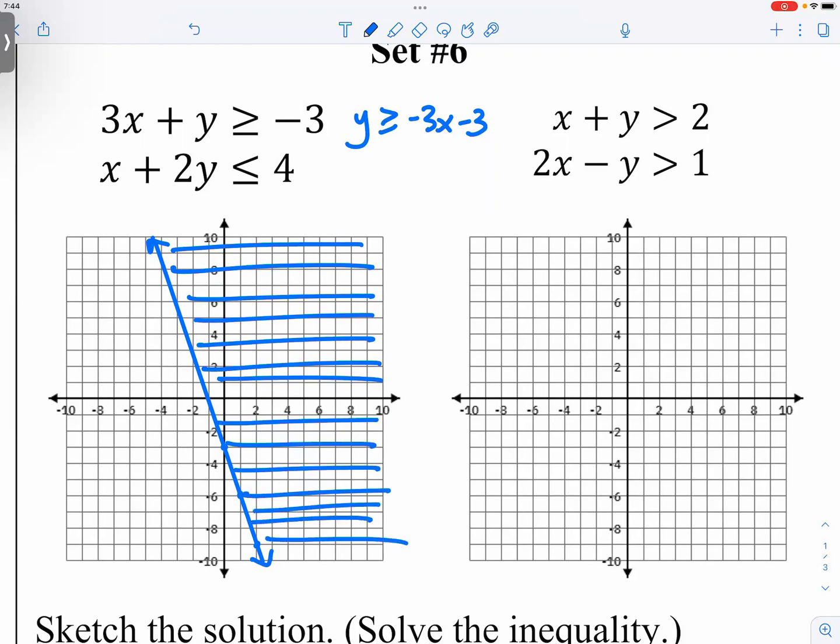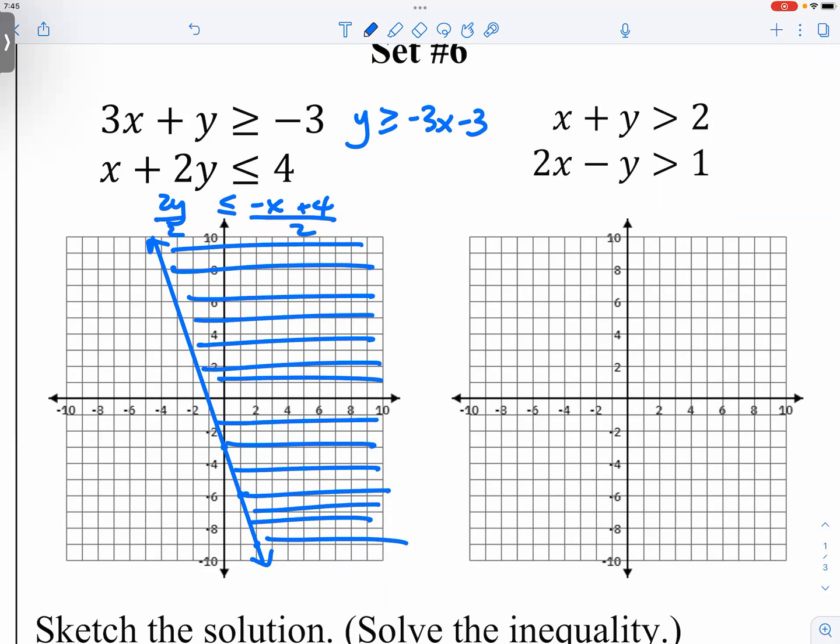All right, and then you have the second equation, and now you have to do some moving and dividing. You have to move the x over, so you have 2y is less than or equal to minus x plus 4, and then you have to divide both sides by 2.